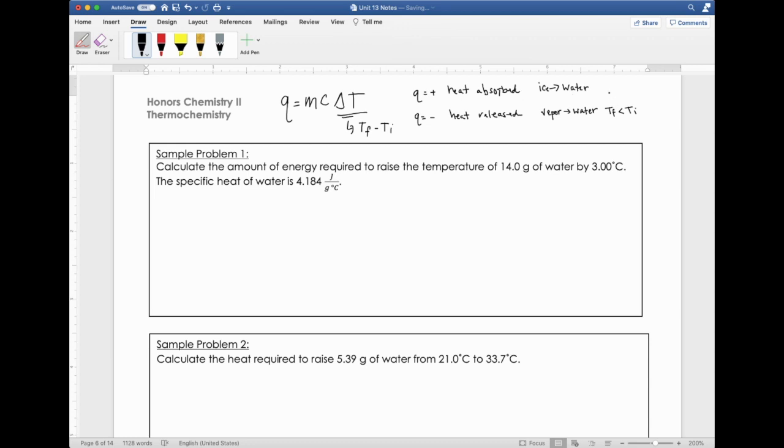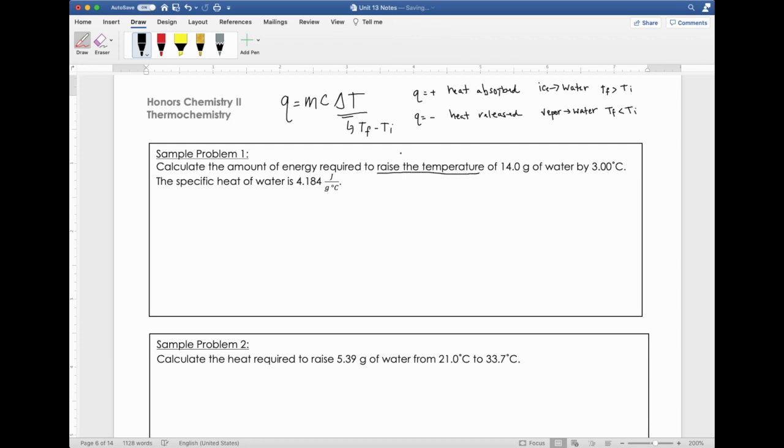Whereas if Q is positive, our final temperature is greater than our initial value because I had to put energy in order to raise that final temperature. So that's why we have these different values for Q, and we just have to keep those in mind as we do some of these practice problems. So sample problem 1: calculate the amount of energy that's required to raise the temperature.